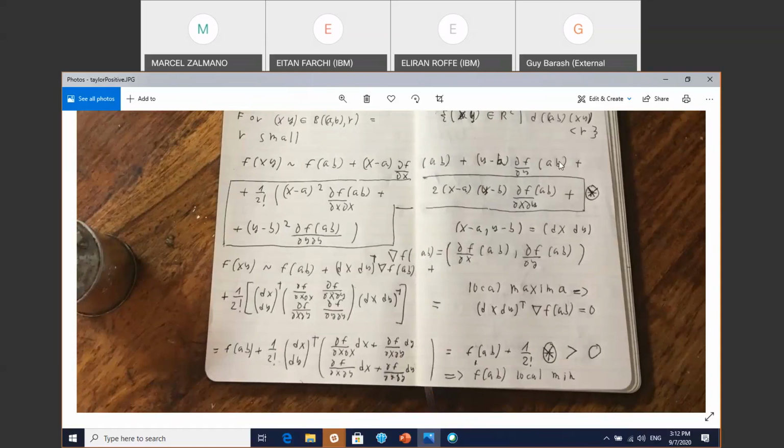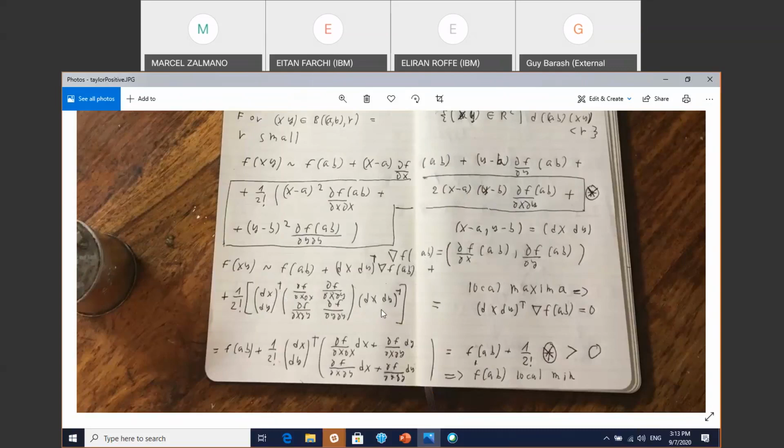Make sense? Okay. Now, if we look at the expression inside the parentheses after the 1/2 factorial, we can rewrite it as the multiplication of dx dy times this matrix and dx dy.